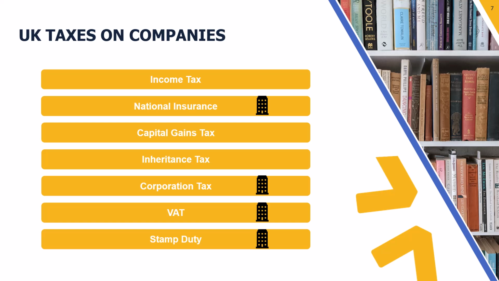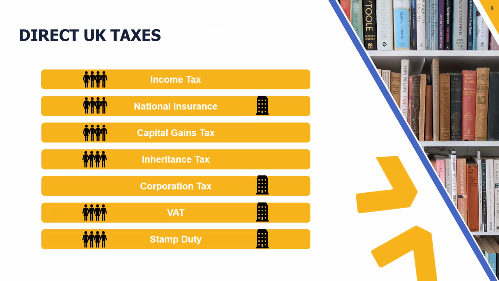As well as taxes paid by individuals and those paid by companies, I want to point out the difference between direct taxes and indirect taxes. So let's take a look at our direct taxes first. So I've popped on the markers here for those paid by individuals and paid by companies as a reminder.